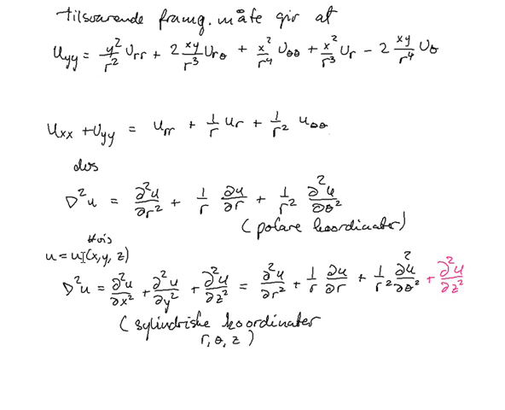If we now add one variable, for example if we have three spatial coordinates x, y, and z, so that the unknown function u is a function of these three coordinates, then it's really simple to see that we only have to add the second derivative of u with respect to z.